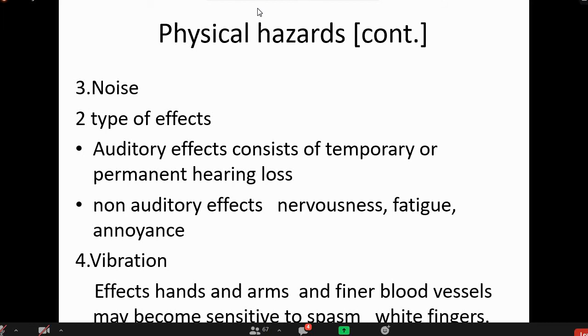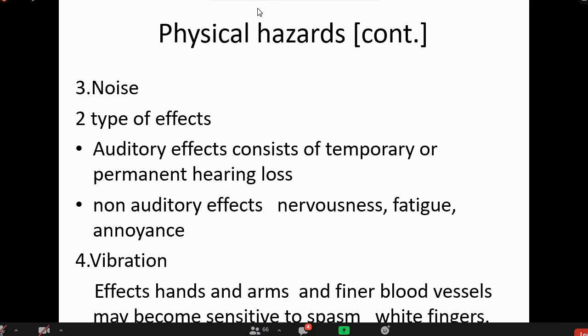But non-auditory effects are not directly related to your hearing; they could produce nervousness, fatigue, and annoyance. Sometimes it does happen when you're driving, you see there's lots of noise pollution coming from outside, so you tend to close your windows saying, oh my God, this is so annoying. This is what we mean by annoyance as a non-auditory effect, right?